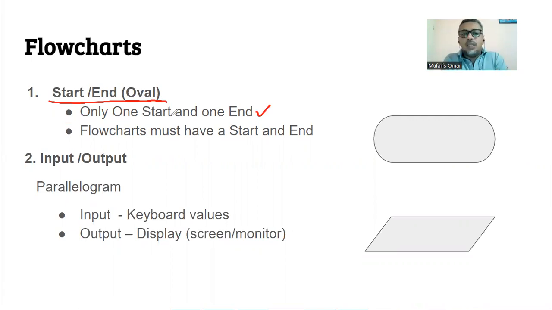You should include only one start and one end. Also, every flow chart must have a start and end if it is a complete one. If you display a partial one, then it's okay.